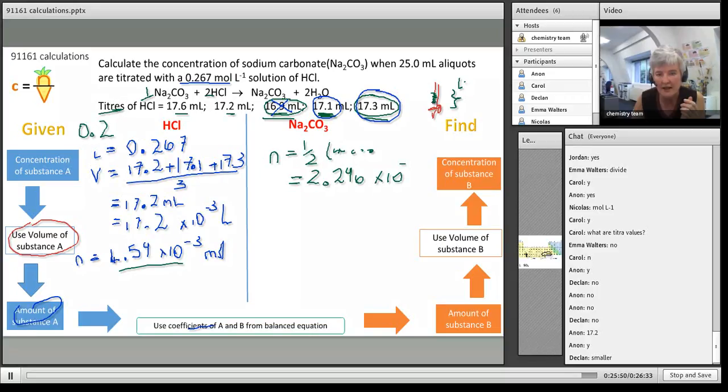Have a look, is this number smaller than that? That's just a check, always check each stage, and that's mole. And now of course we just do the final step where we go up to work out the concentration by using the volume. Oh dear, I think we'll have to stop here.